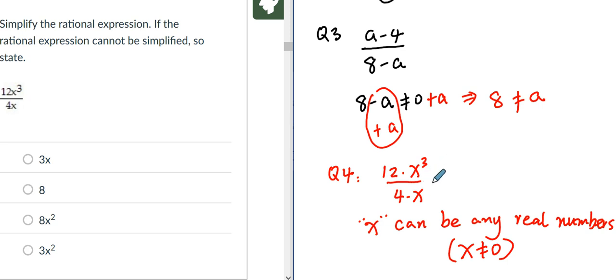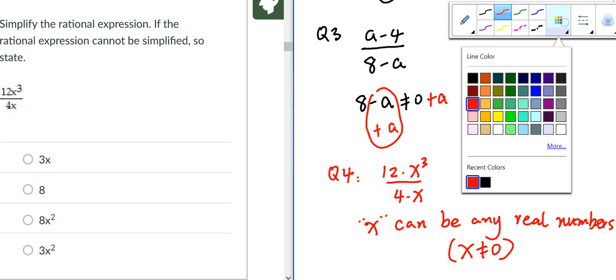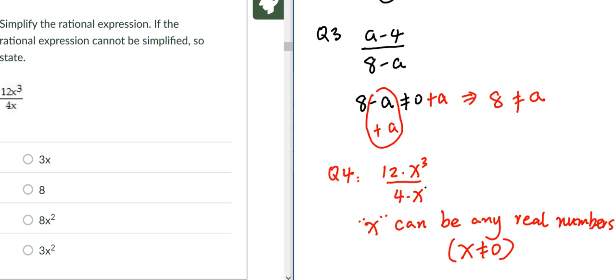Then we can basically remember there is a 1 on the exponent. This is what I want to emphasize. See here. Okay, so that means 12 divided by 4 is 3.